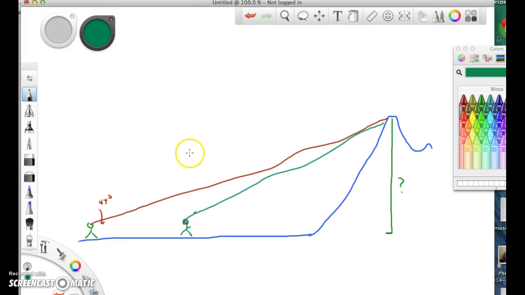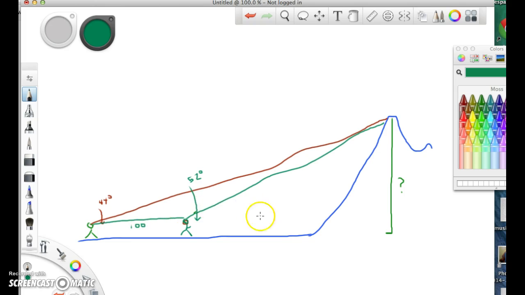Lines are horrible. And from here, let's say you measure this angle, so it's going to be a little bit taller. Let's just call it 52 degrees. And let's say from here to here was 100 feet.